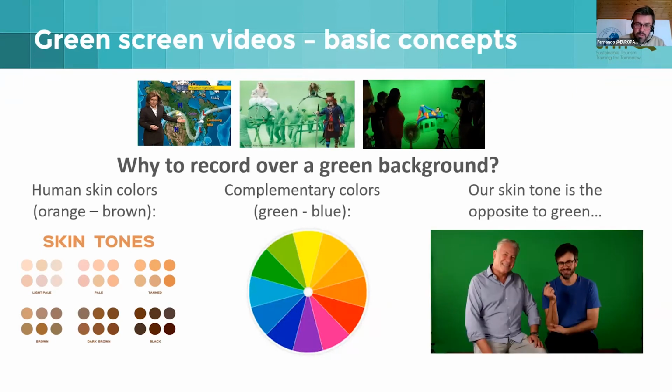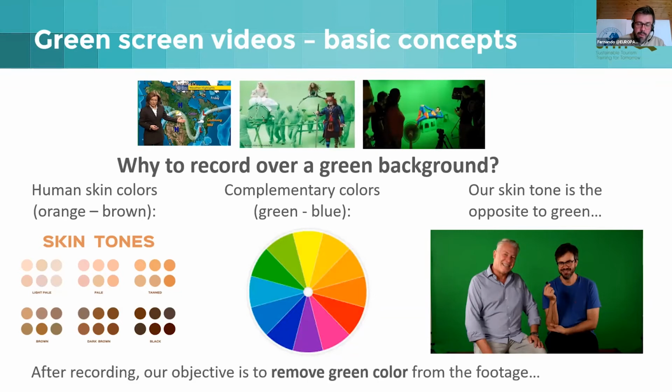That's the reason why we use green, because our final objective is to remove the green color, everything that is green in our footage. If the skin is orange, it creates a high contrast, so we can remove the green without removing tones of our skin, okay? Green screen and blue screen are similar.